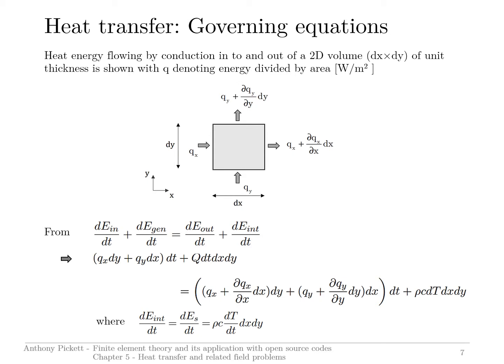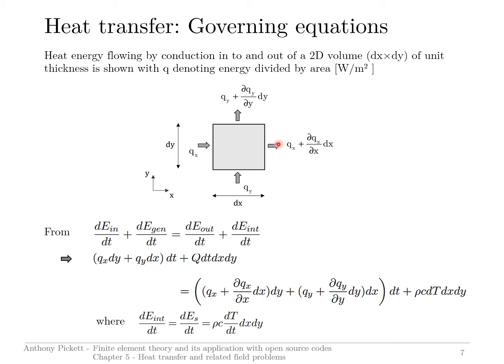From the previous equations, we can derive governing equations for different types of heat transfer problems. And I shall be showing that on this slide and the next slide. If we consider just a very simple 2D element, in this case size dx dy, we have inflows here and here, qx and qy, and outflows here and here.